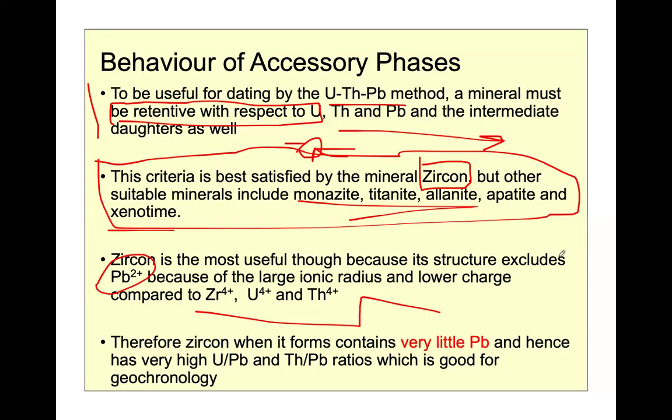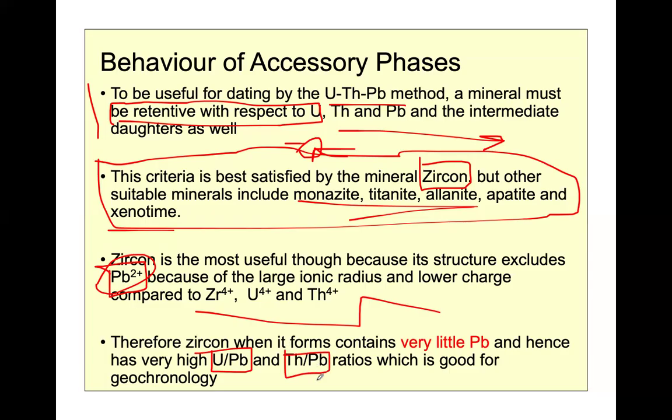Lead 2 plus, which is the most abundant variety of lead, is definitely excluded from the structure. So that means if you take the uranium lead ratio, and also the thorium lead ratio, right?